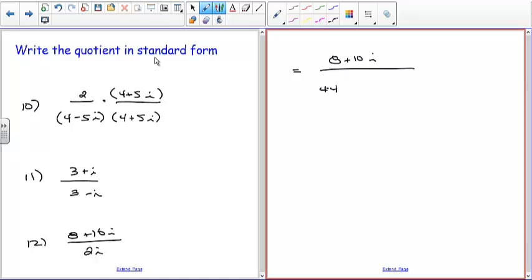So you have 4 times 4, and then you're going to have plus negative 5i times positive 5i. That's last. So we're going to have 8 plus 10i over 4 times 4, which is 16. Here we get negative 25 i squared. So negative 5 times positive 5 is negative 25. i times i is i squared.